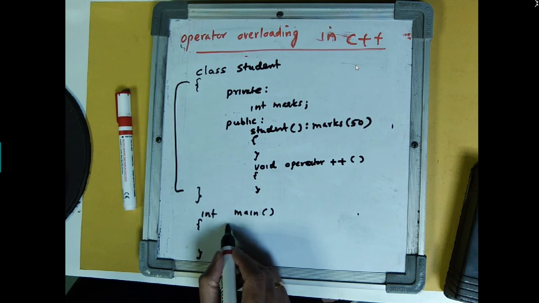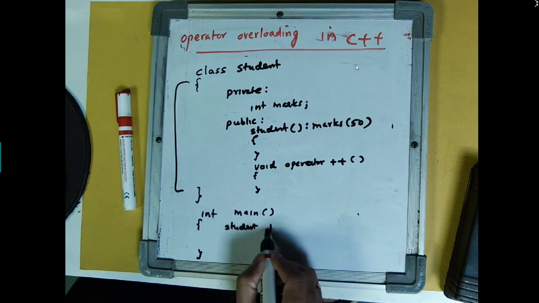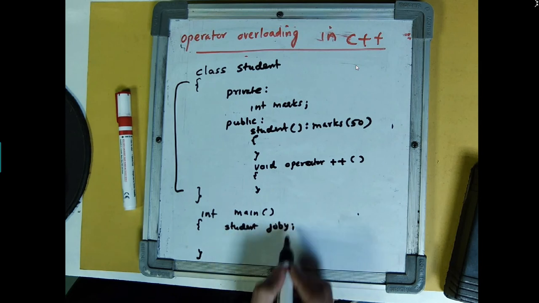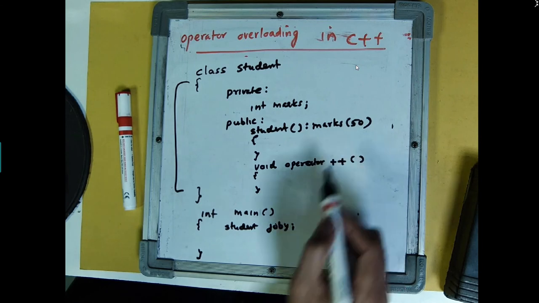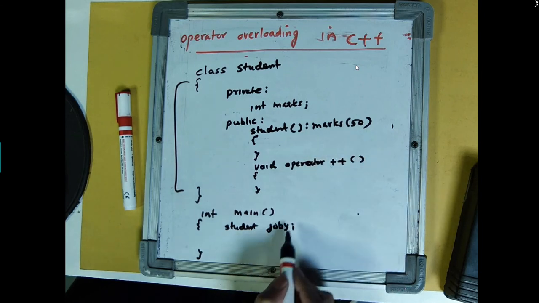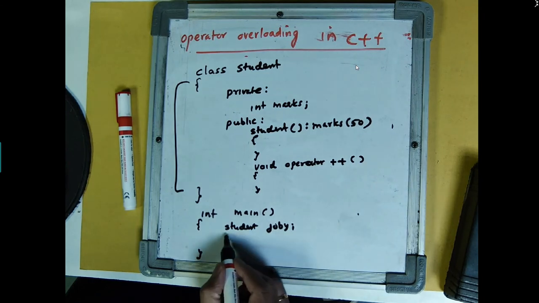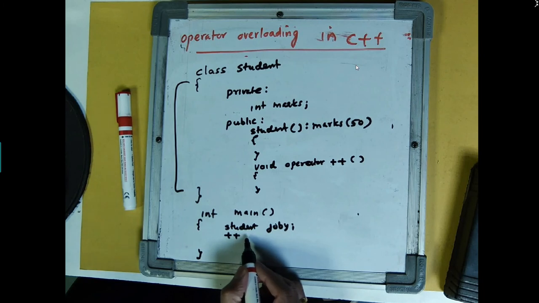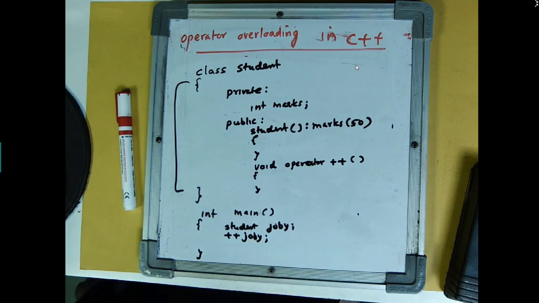Let's say I have a student called Joby. Joby has already got marks 50 as soon as you create this object, since marks got initialized to 50. Now suppose I want to increment his marks by 10 by saying ++Joby.